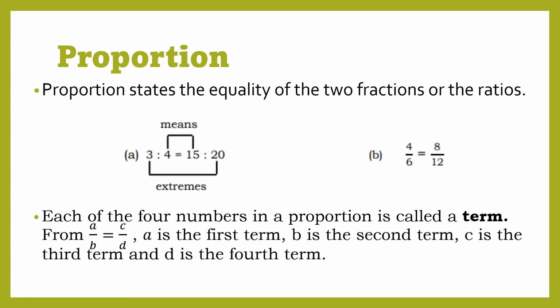The first and last terms are called extremes, and the second and third terms are the means. For example, in letter A, 3 and 20 are the extremes, and 4 and 15 are the means. In letter B, the extremes are the 4 and 12, and the means are the 6 and 8.